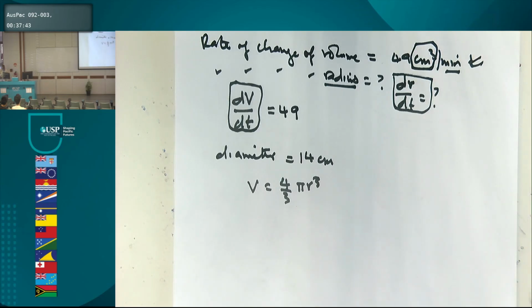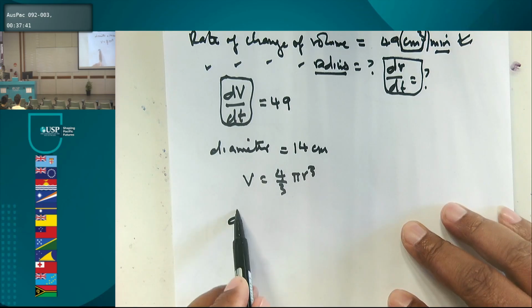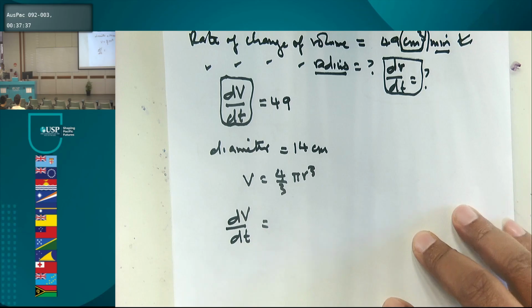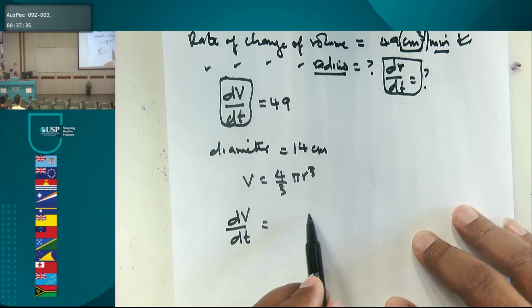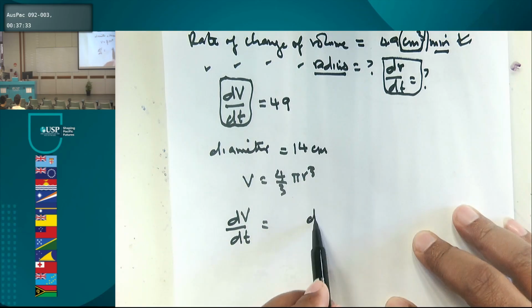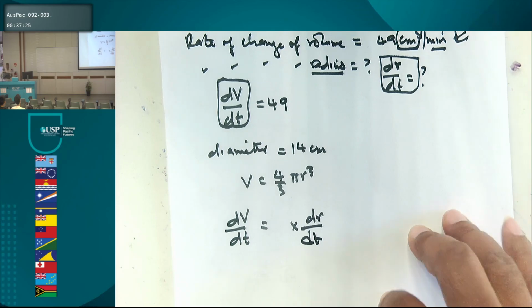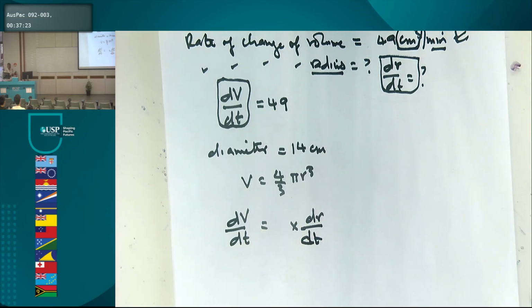All right. dV over dt is equal to something on dr over dt. There's something missing here. What should I have that's missing there?